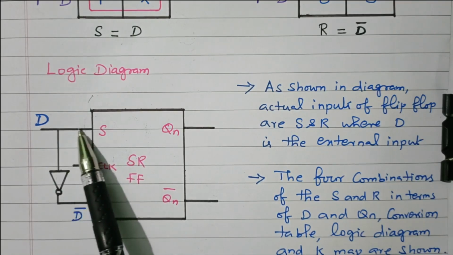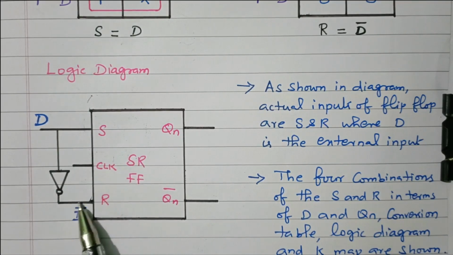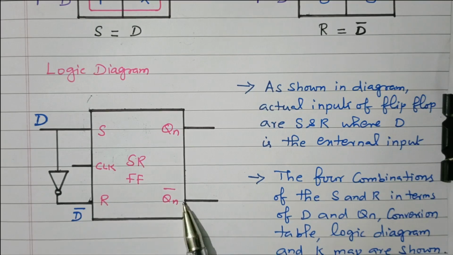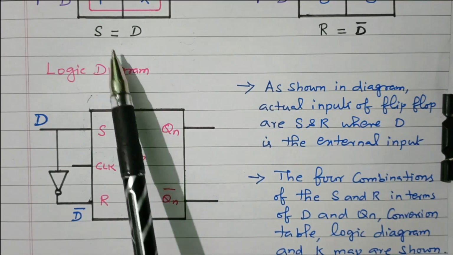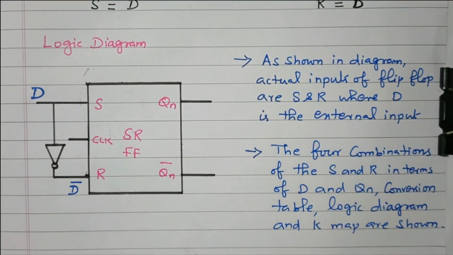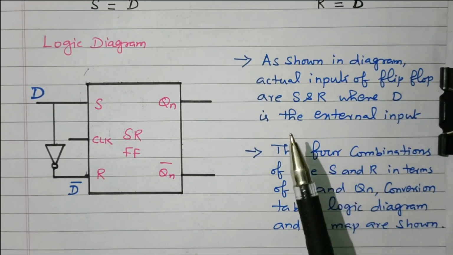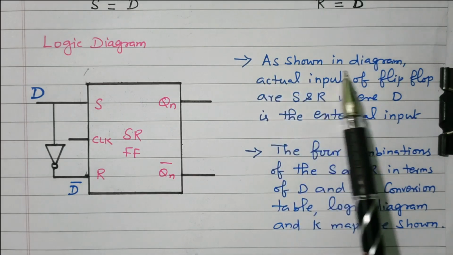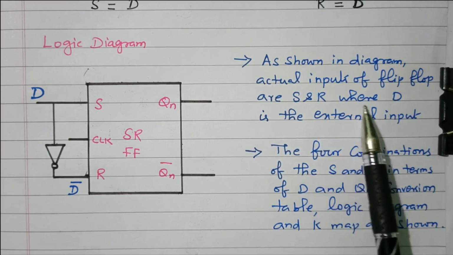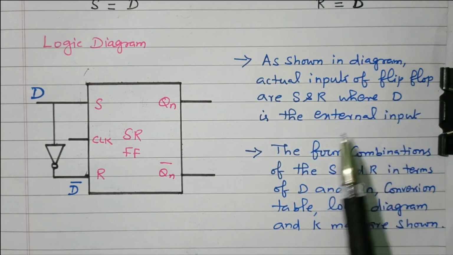So S is connected with D and R is connected with D bar, so that this SR flip-flop will perform the operation of the D flip-flop, because we used this expression. Now we'll see the description. As shown in the diagram, the actual inputs of the flip-flop are S and R, where D is the external input.